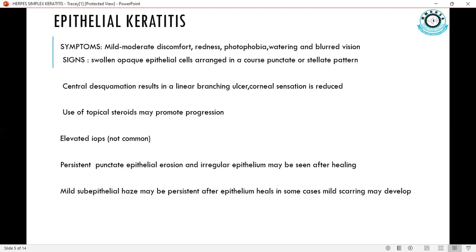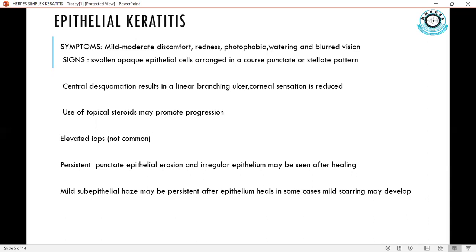So when you get a patient with herpes simplex epithelial keratitis, the symptoms that the patient will report are mild to moderate discomfort, redness, photophobia, watering and blurred vision.